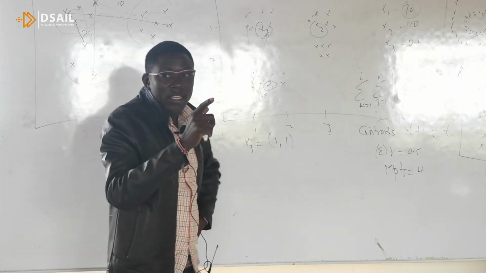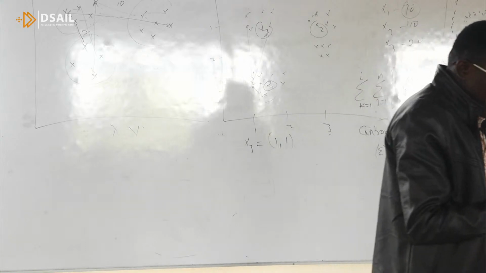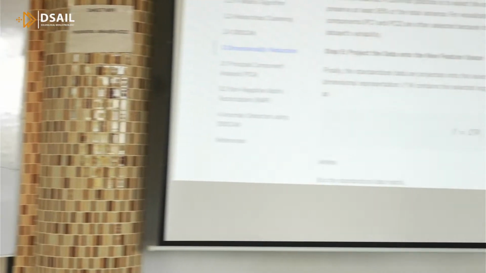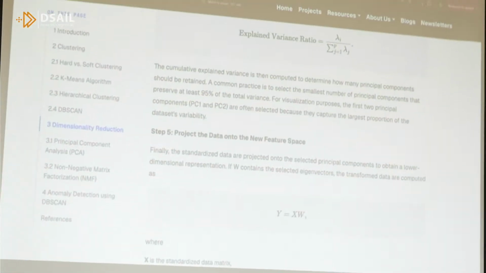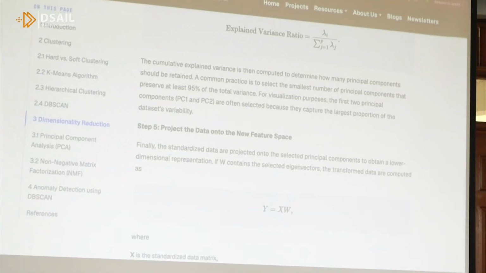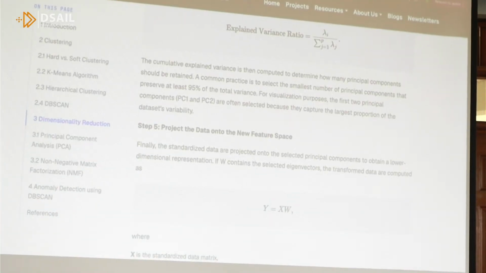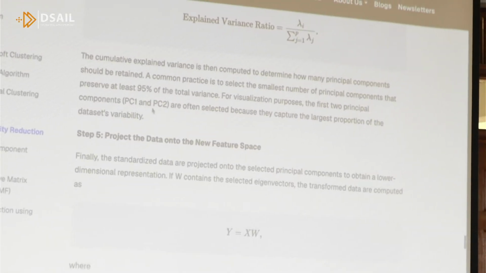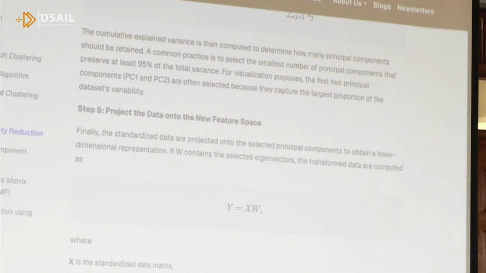Then from there, that's where the scree plot comes in on the total number of components that you want to have, because each and every vector explains some variance of your data. So you'll choose that.